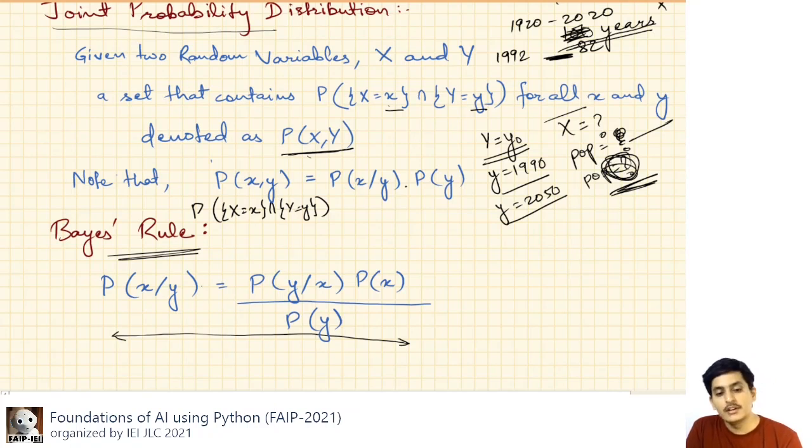If you're interested, you can look on the internet or use a book to see the derivation of how we reach this formula. But as of now, just try to understand what is written, and that will be good for us. What it says is that x taking a value x given that y takes a value y is equal to y taking a value y given that x takes a value x, multiplied by the probability of x taking x, and divided by the probability of y taking y.